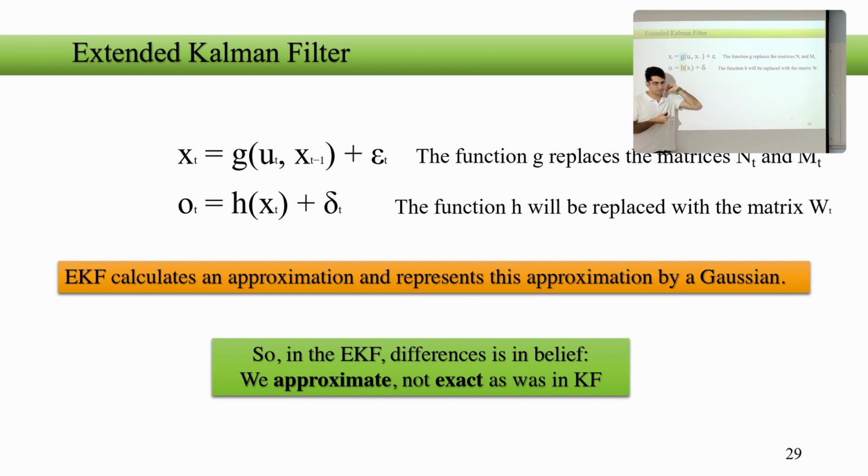And we add some error to the motion model, epsilon t, for example. The same scenario is for the observation model too. We want to declare a function h that will replace the matrix W, that gets the xt, and we add some noise, and we have our observation.